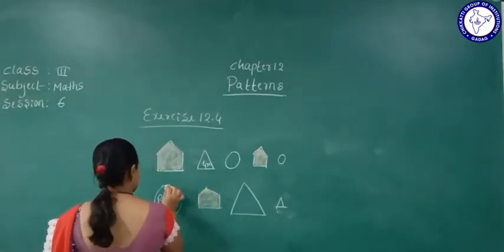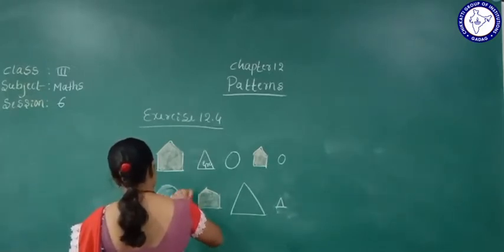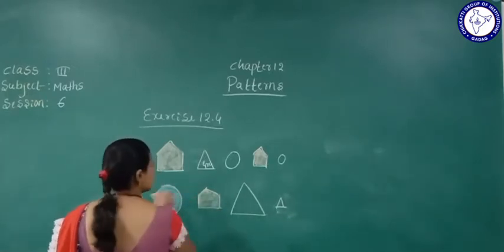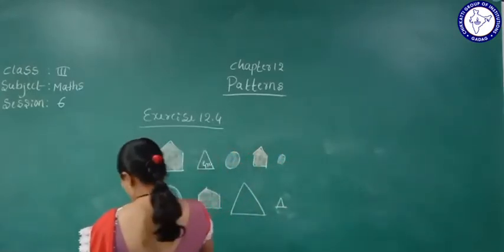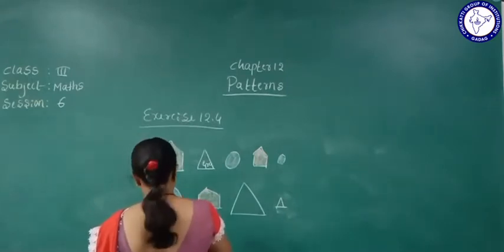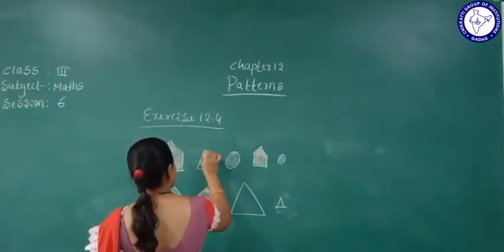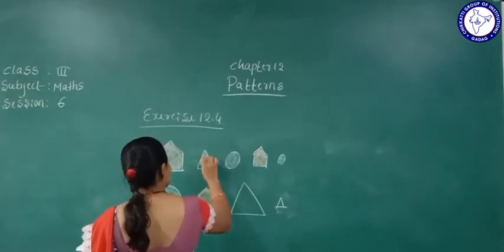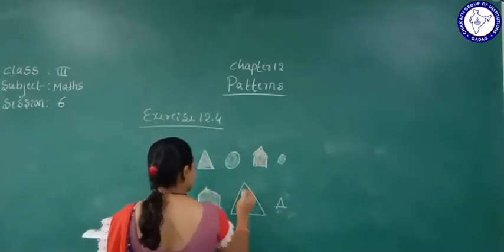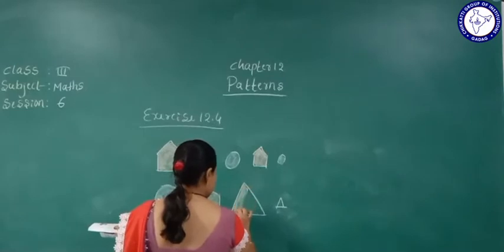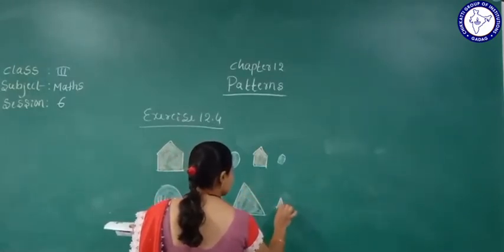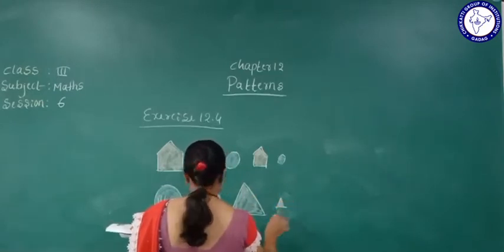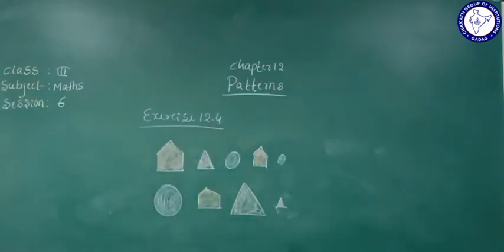So the circle color is blue. Next, the triangles have green color. So these colors are indicated here.